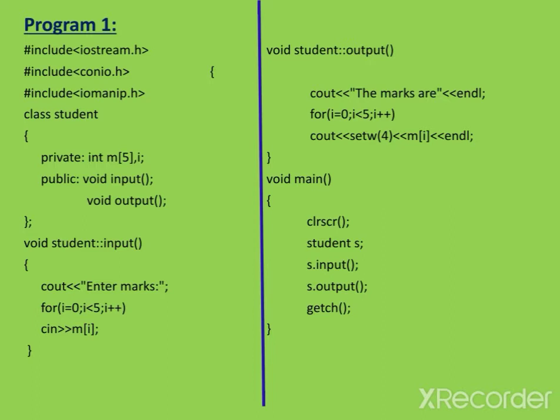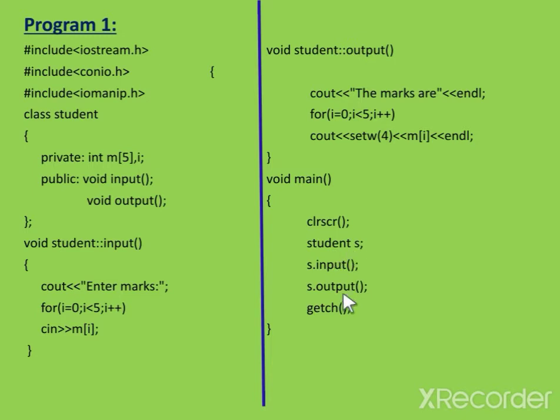Next, the main function. Member function definition is over, outside the class. Here inside this main function, we need to create an object s of the class student. So student is the class name and s is what? The object name.